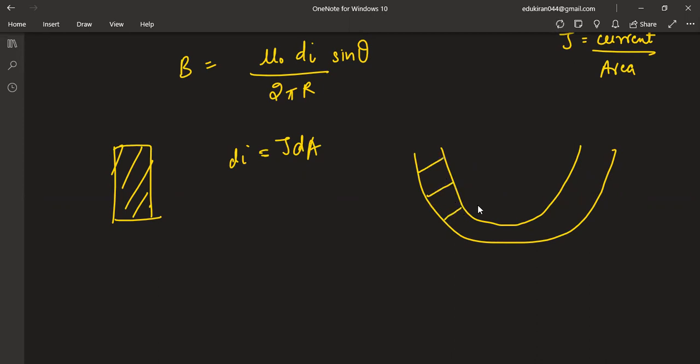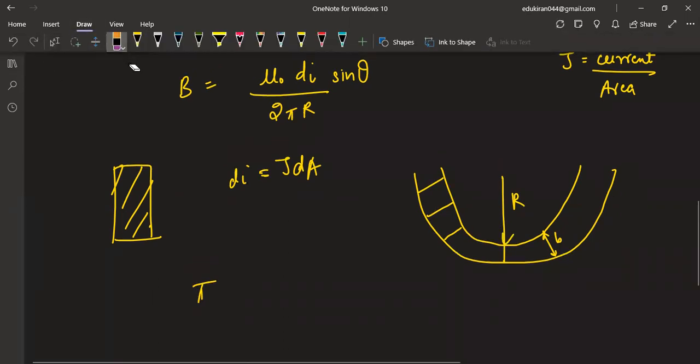So let's say this part is only small b, and this entire part was radius r given in the question, right? So how will you take it? If you calculate the area for this minus the area for this, it's like pi, the entire part will be, this part is r only, not this.